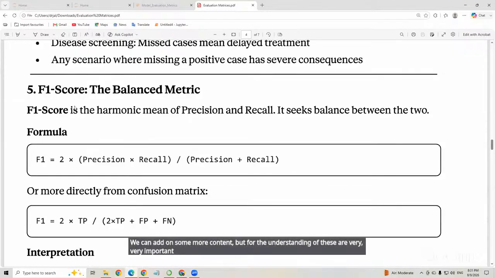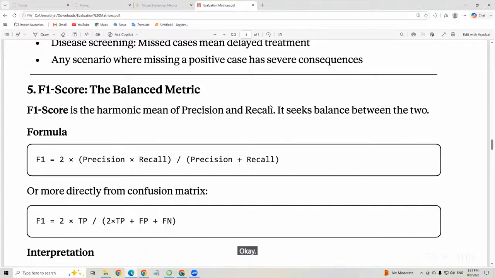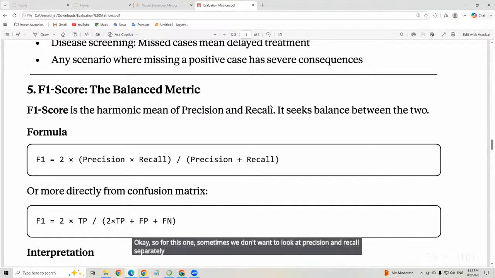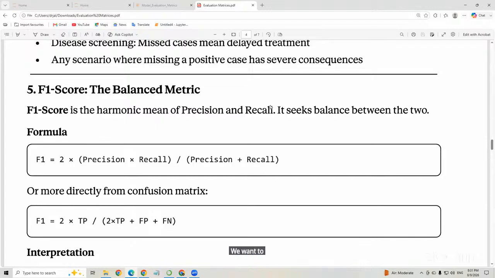Then we have the F1 score, the balanced metric. Sometimes we don't want to look at precision and recall separately. We want one metric that combines both.